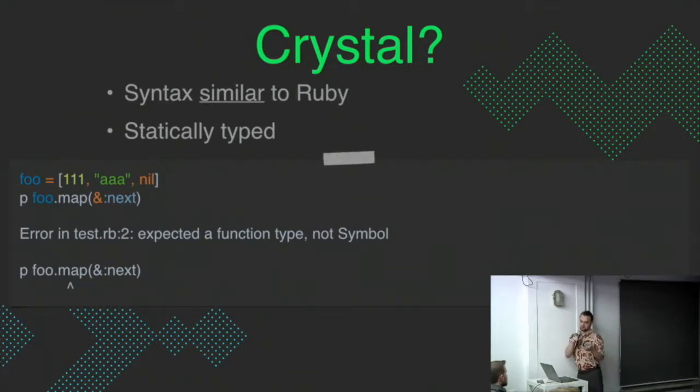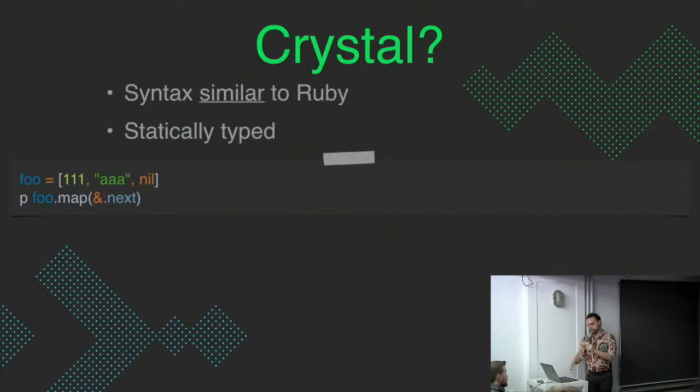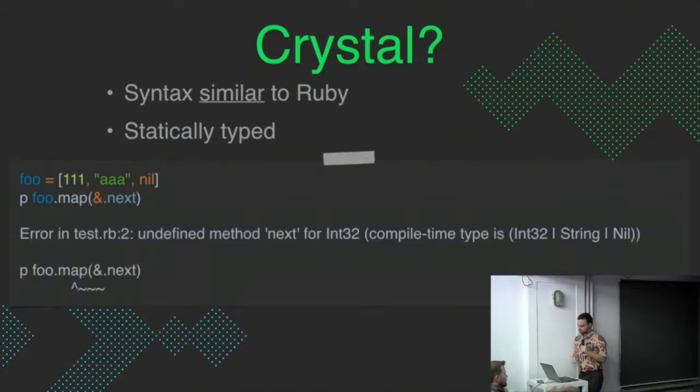The nice thing about this is that you can actually chain methods inside map, something you can't do in Ruby. So we use a dot here. And when we try to run it, we find out that Crystal actually doesn't have next method for integer. So we already have 3 differences between Crystal and Ruby.